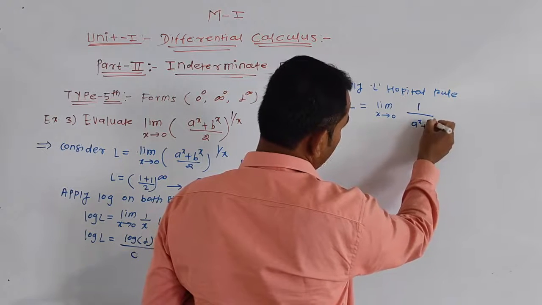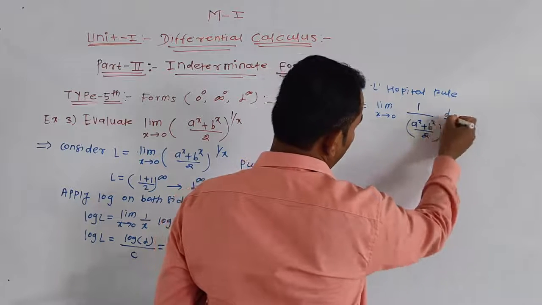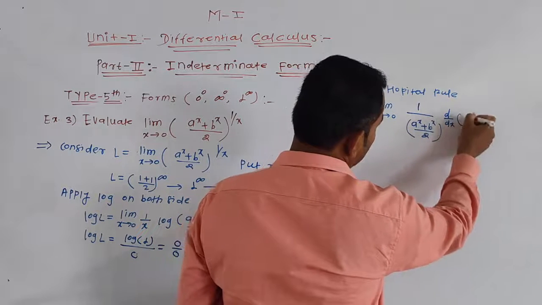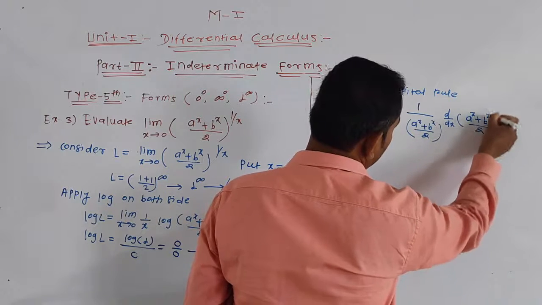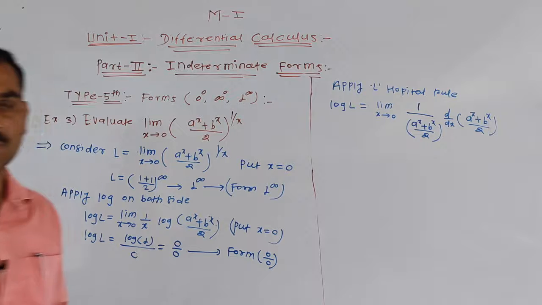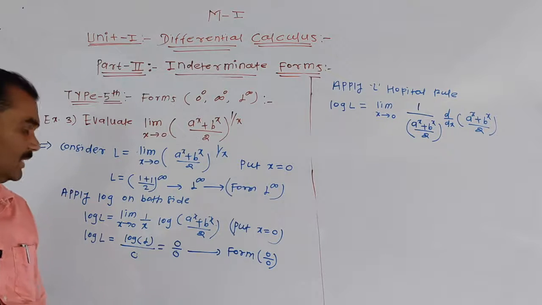Into d by dx of (a raised to x plus b raised to x) divided by 2. Derivative of log f of x is 1/f of x into f dash of x.